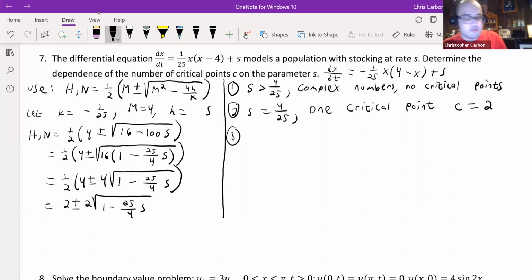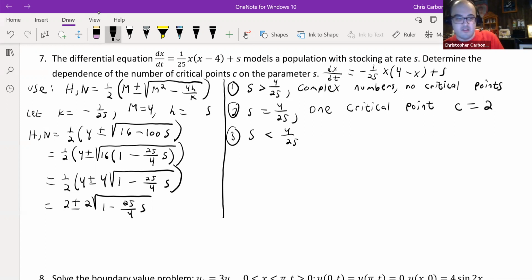The third case, this is for values of s being less than 4/25. That will then start causing this value here to be greater than 1. This will start giving us values that will cause this expression underneath here to be positive, right?